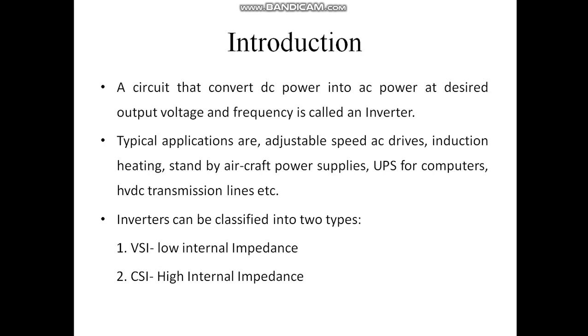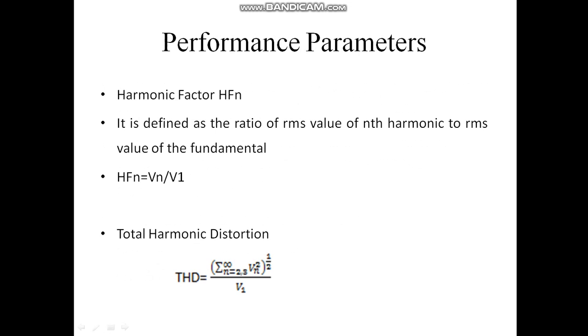These can be turned off by control of their base current. Switching of the devices with the help of their gate or base current is called self commutation. So self-commutated inverters using GTO and transistors do not require additional commutation circuitry. Are you getting? GTOs or self-commutated devices do not require additional circuitry, but a thyristor will require additional circuitry.